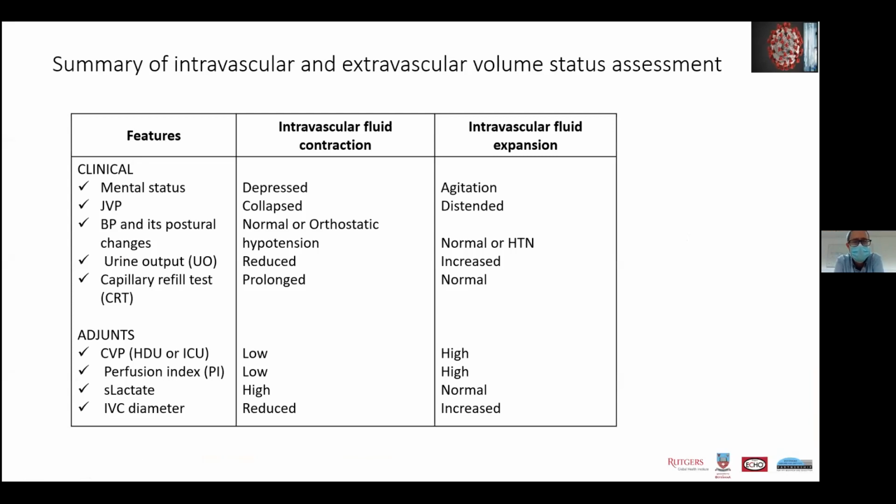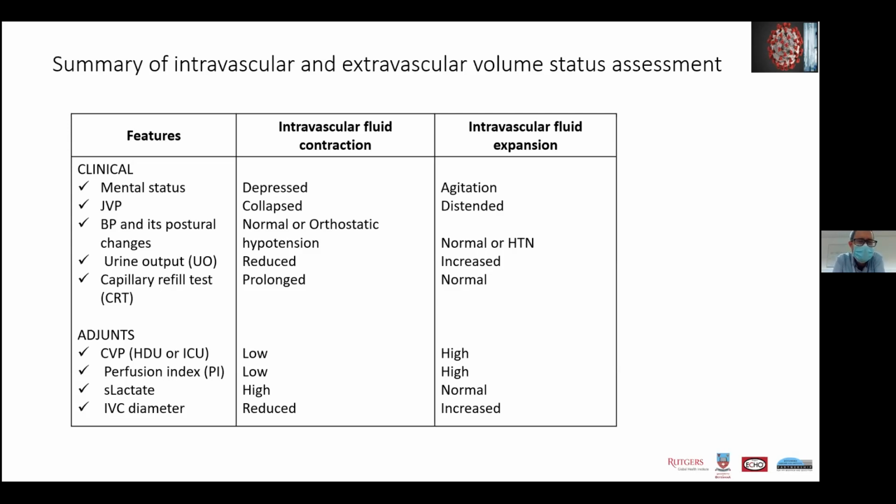Remember that we said before that an orthostatic change of the BP is an indication of intravascular fluid contraction. If the urine output is low, it is an indicator of poor organ perfusion. It means the intravascular volume is low. As well, a prolonged capillary refill test is another indicator of intravascular fluid contraction.